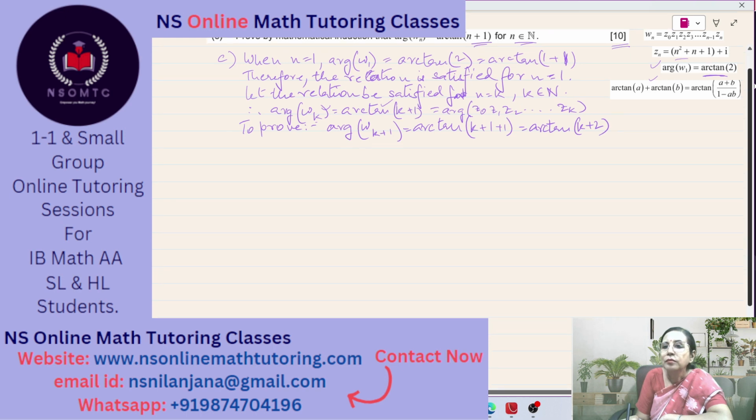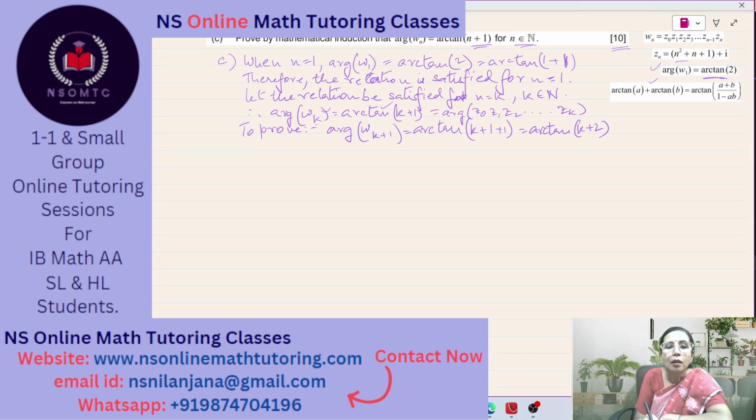So let us start with argument of wk plus 1. This should be equal to argument of z0 times z1 times up to zk times zk plus 1. Okay?